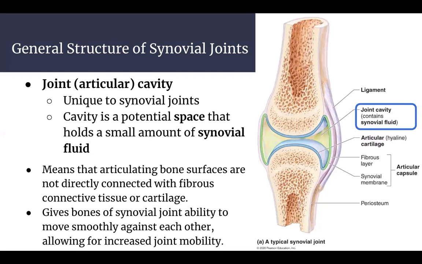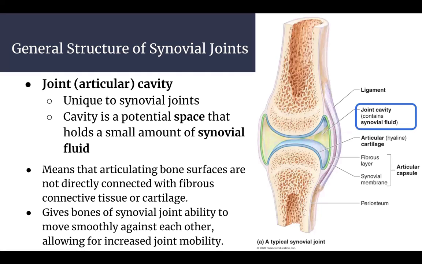Okay, so let's look at this special space between the bones, the articular cavity or joint cavity. As I said, these are unique to the synovial joint. Now, the cavity is defined as a potential space. And we're going to hear this a number of times during this course when we're looking at membrane-lined spaces in the body.